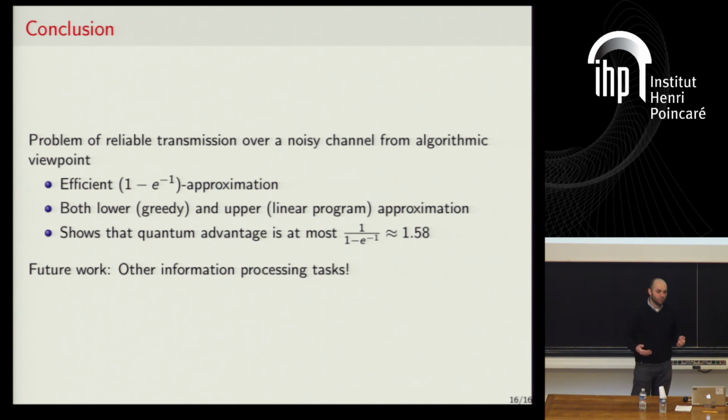This is both a lower approximation and an upper approximation, in the sense that the greedy algorithm gives you an actual code, and you can also give an upper bound on the maximum success probability. These two things are within 1 minus 1 over e of each other. As a corollary, we showed that the two quantities in the middle, the quantum version and the classical version, are apart by a factor of 1.58 at most.